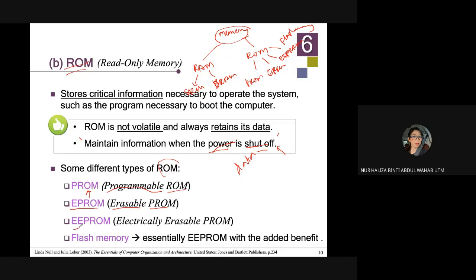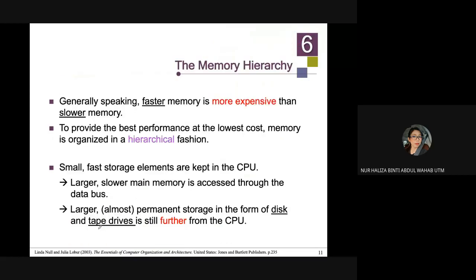And EEPROM is electrically erasable PROM. And lastly, your flash memory. This one is a normal term that you always hear, which is essentially EEPROM with added benefits. So what are the benefits of flash memory compared to EEPROM? Later on you will see.